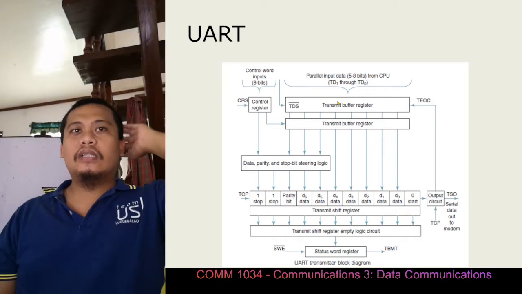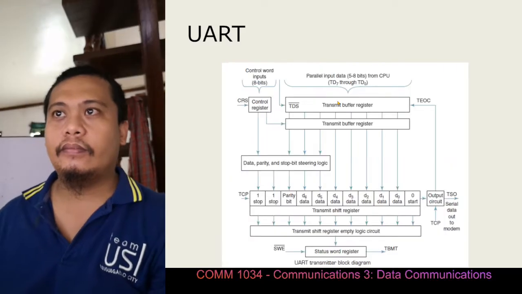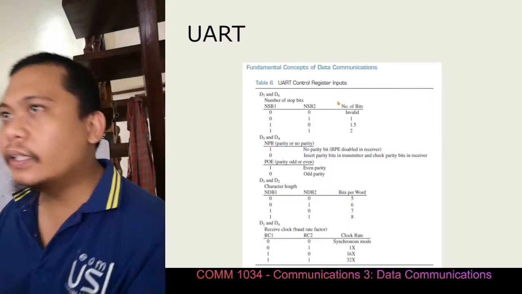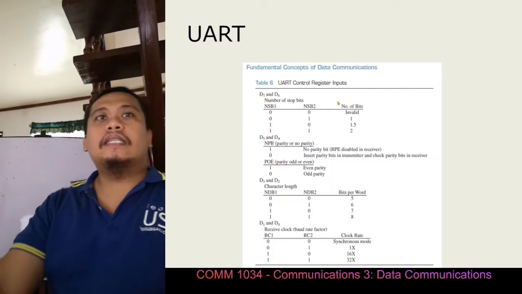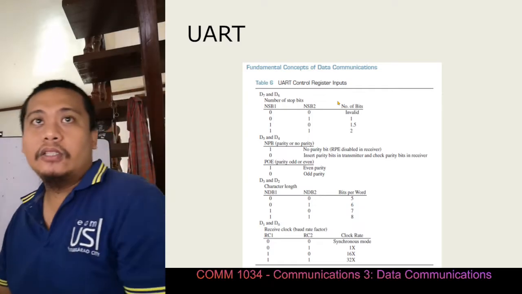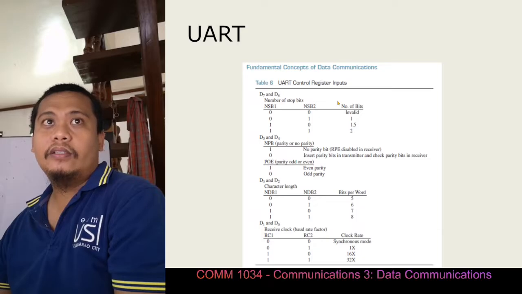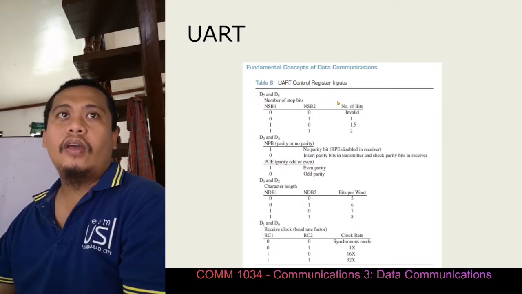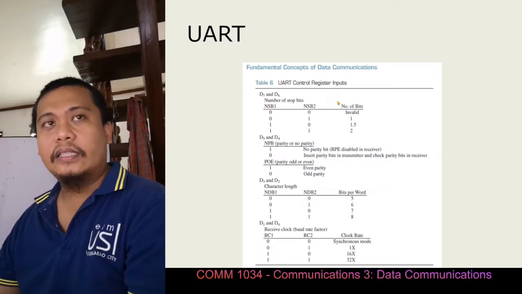The table shows the control register coding format for a typical UART. Then this is the control word register, no? So we have 8 digits of the control word register. As specified in table 6, the parity bit is optional and can be either odd or even. To select parity, NPB is cleared, and to exclude the parity bit, NPB is set, or logic 1.